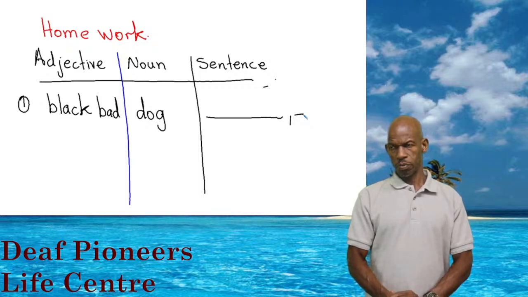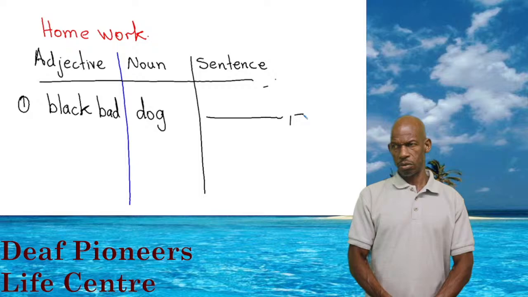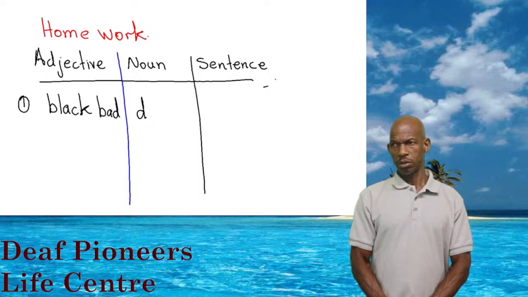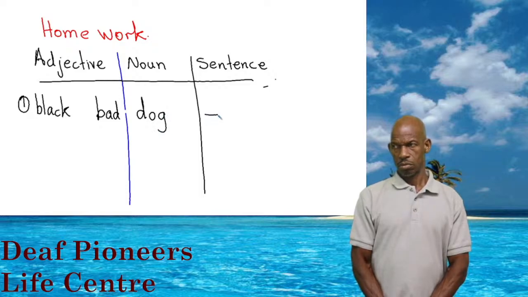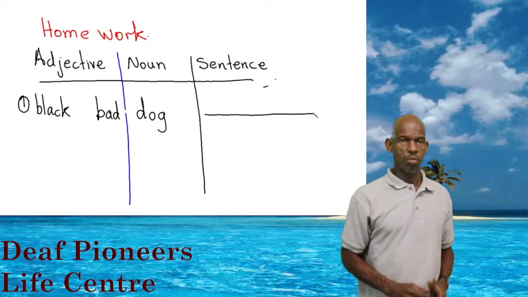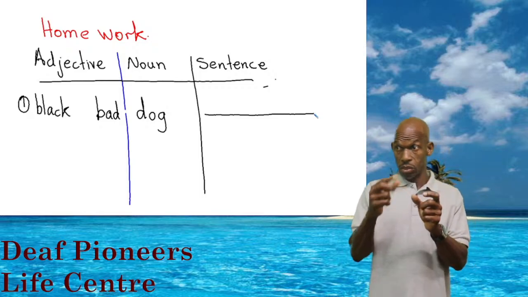I'm going to give you an example. So I have black and I have bad. And the noun is dog. So you are going to write a sentence using all those good adjectives in your sentence.